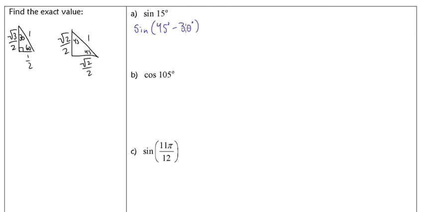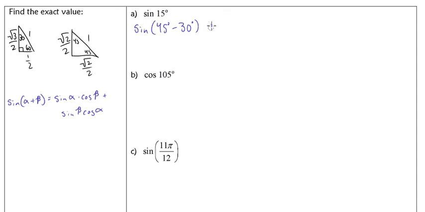Now, this is sine, and so we learned that sine of a plus b is going to give us sine a times cosine b plus sine b times cosine a. All right, and let's plug all those values in.